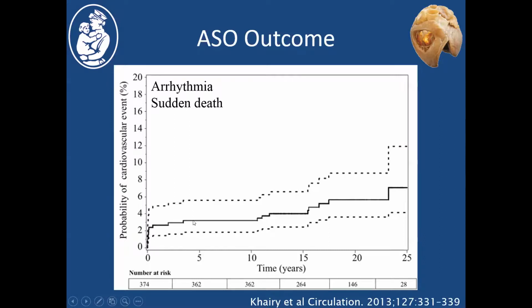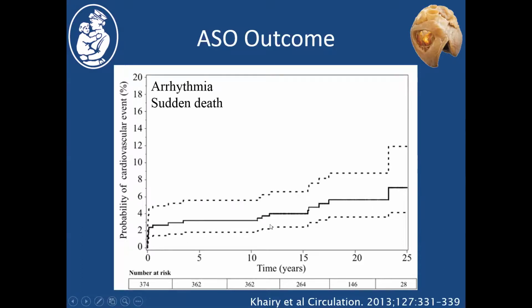There is an incidence, and it seems to continue out to 20 or more years, of sudden unexpected death and arrhythmia. This is a combination of recognized arrhythmia and sudden death. So it isn't all sudden death. Most of this, in fact, is just arrhythmia.